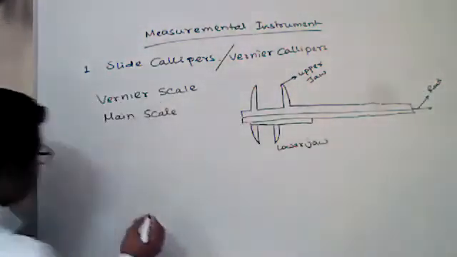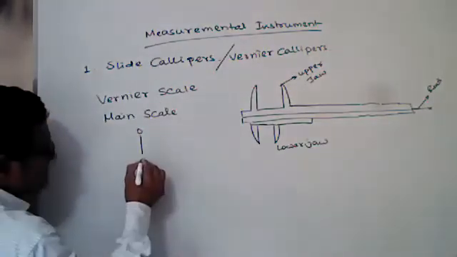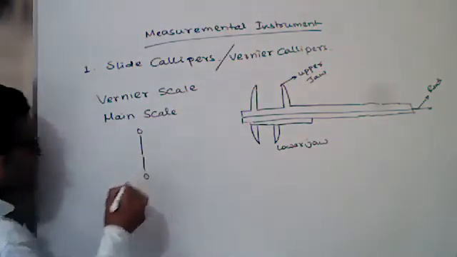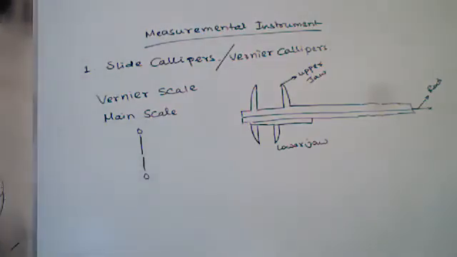Suppose this is the main scale 0 and this is the Vernier scale 0. They coincide, so there is no error here.